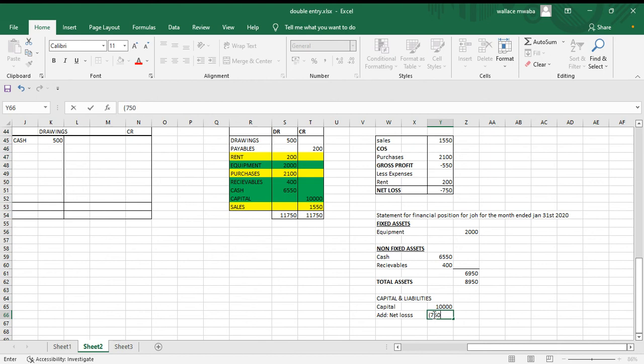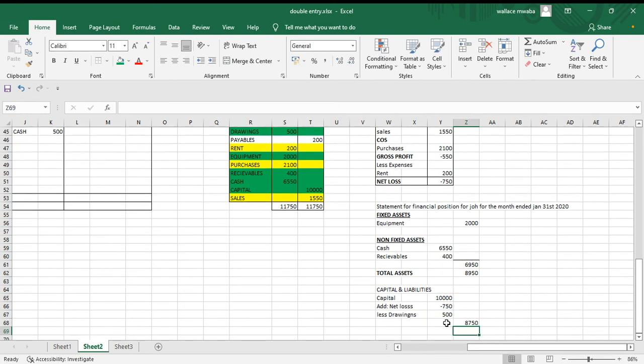Whenever I put in brackets, it represents negative, as Excel will show you here, negative 750. Less drawings. Drawings was how much? 500. So we have drawings here, 500. We total them up: 10,000 plus negative 750 minus 500. We get 8,750. That's our capital.